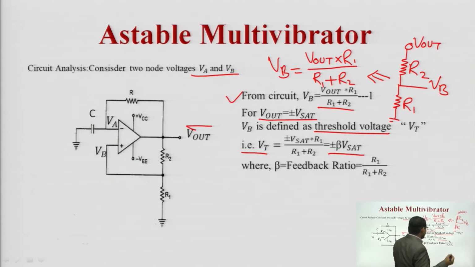Consider a parameter beta, the feedback ratio, which is equal to R1 upon R1 plus R2. If plus beta V_sat is compared with equation 1, then we get the feedback ratio beta as R1 upon R1 plus R2.